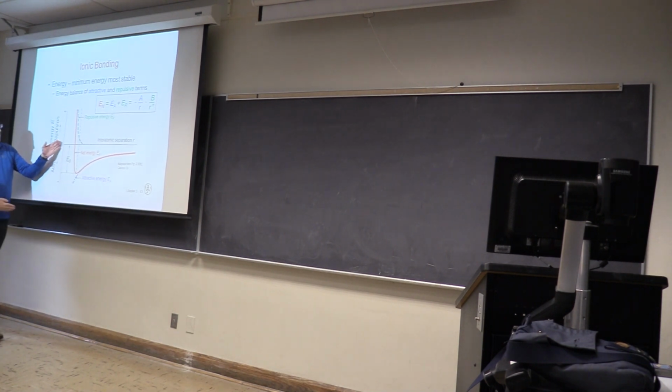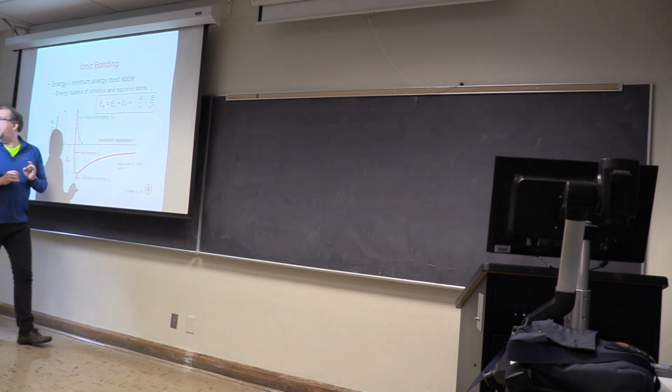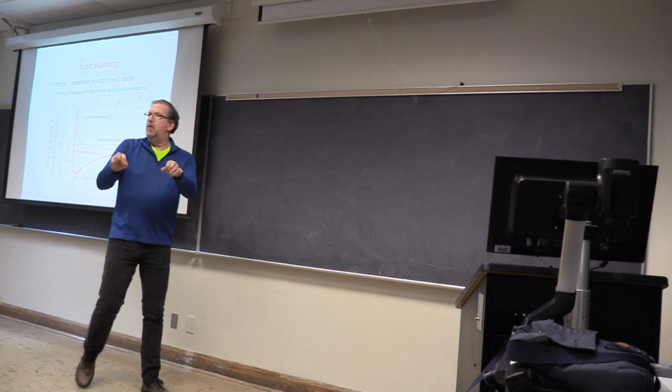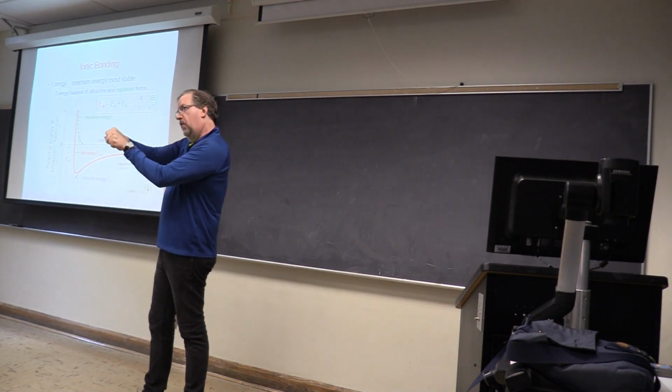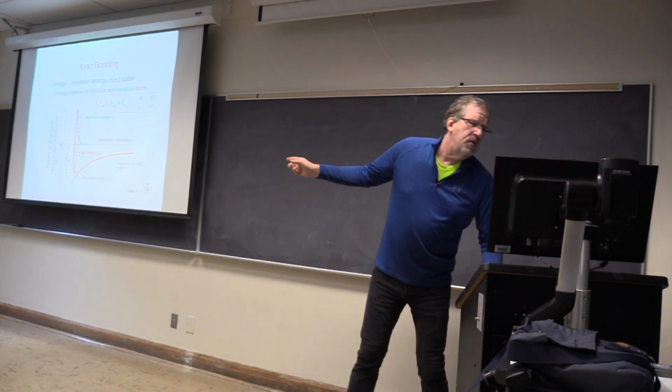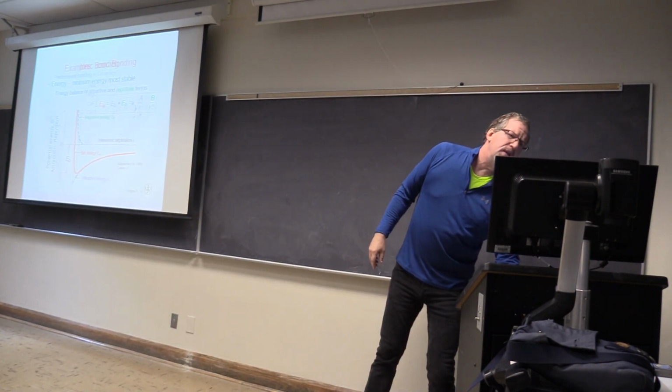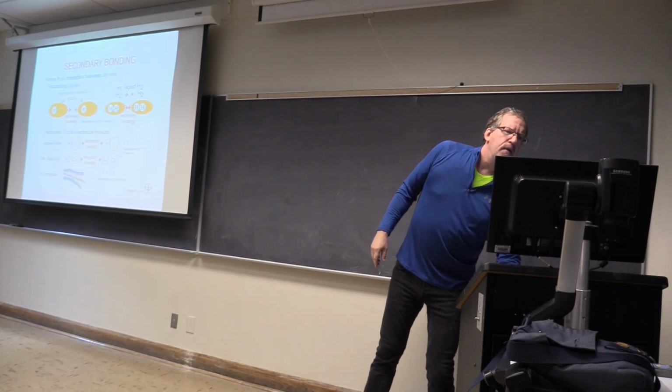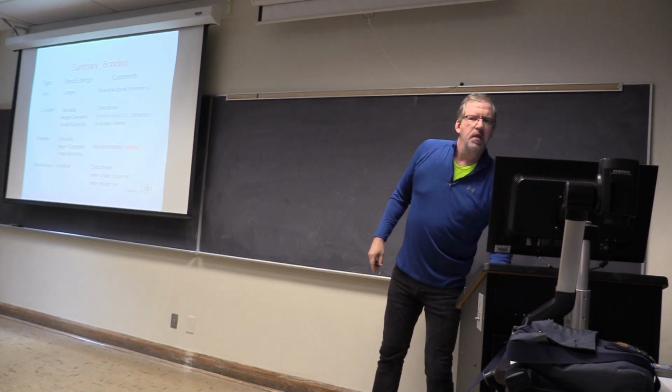This would be the center of one atom and the center of another atom, and that gives you the interatomic spacing. So that tells me when I build that lattice, what's the distance between the atoms. This is looking at potential energy.